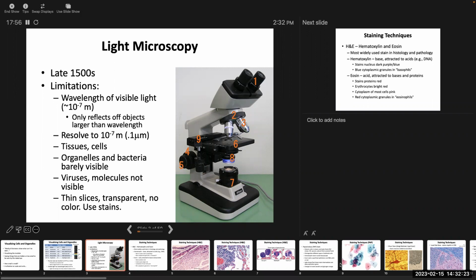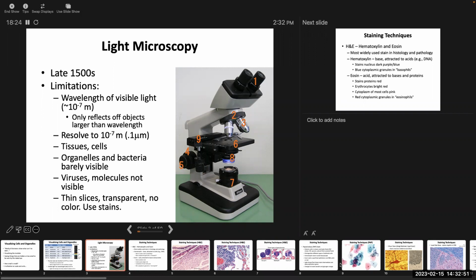One of them I just discussed: the resolution of a light microscope, the size of things that it can see, is limited by the wavelength of visible light. So light microscopes can only see things down to the scale of 10 to the minus 7 meters, or about 1/10 of a micron. So, smaller than a cell, but bigger than an individual molecule.